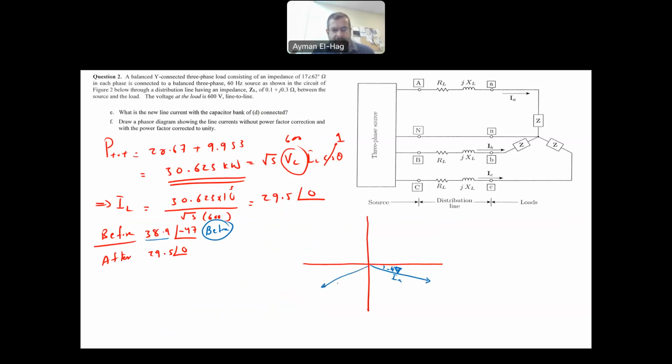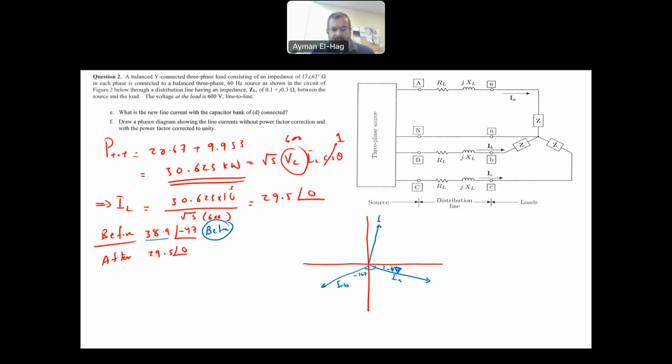So this is IB. This is minus 167. And finally, you will have IC, which is, you add plus 120, which is 73. So it will be something like this.